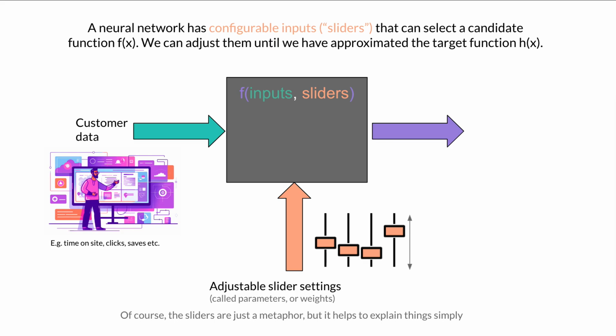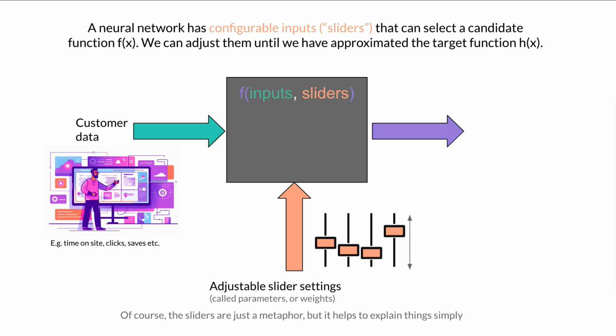A neural network is some black box that has functions inside of it, a network of functions, and we're going to get into what those are later on. The key thing about a neural network is we can adjust the function. In order to find a function, we can configure the neural network using these sliders, which are a metaphor here, like mixing desk sliders or sliders on an equalizer on a hi-fi, if you can remember those.